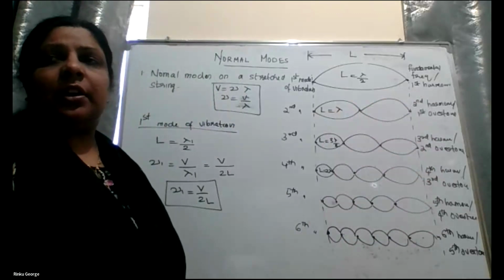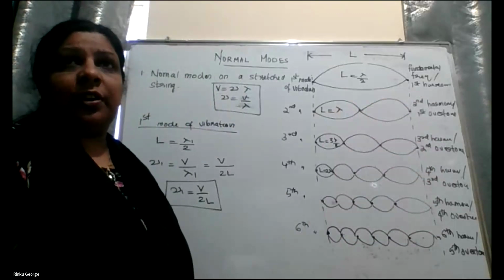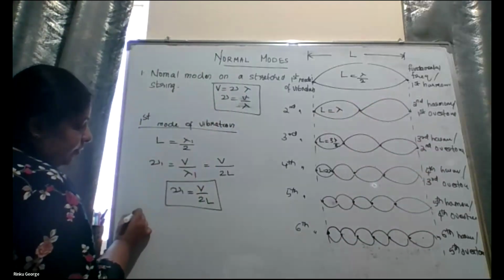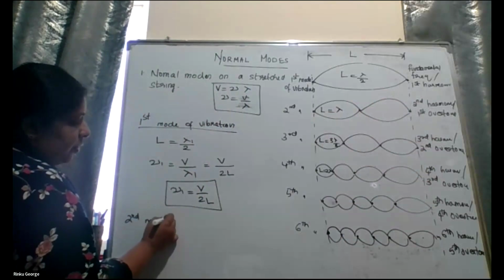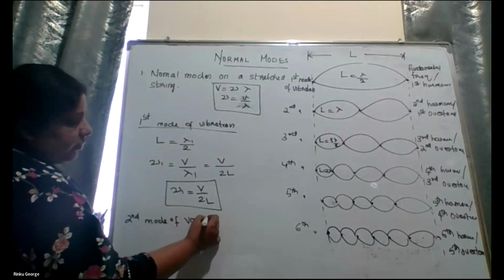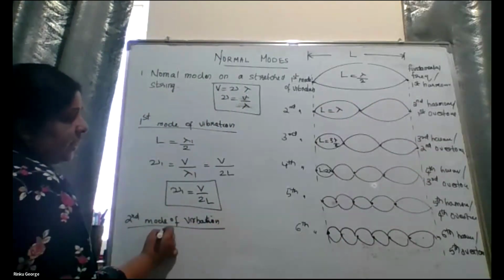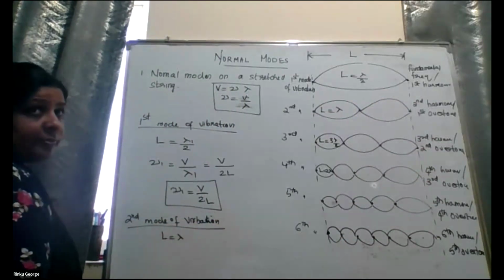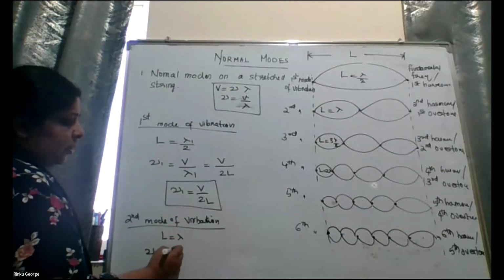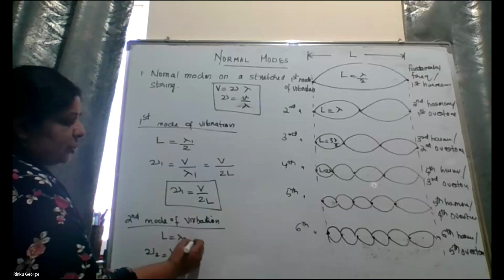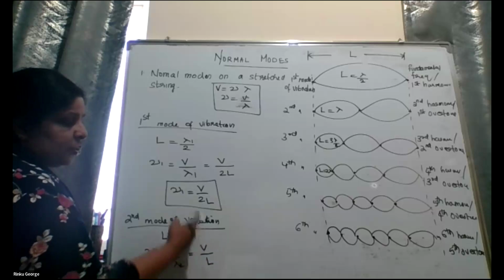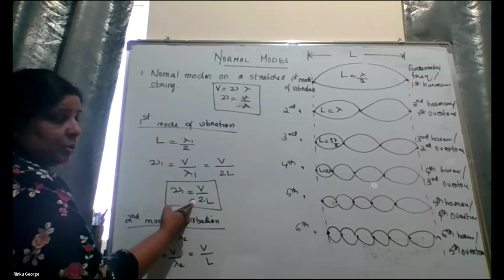Listen, I'll give you time for writing. Understood? Now, second mode of vibration. First mode of vibration is done. What is L? L is equal to lambda. Now, what will be nu 2? Nu 2 will be equal to V by lambda 2, V by L. I can multiply and divide by 2 in order to get it in these terms, 2V by 2L.